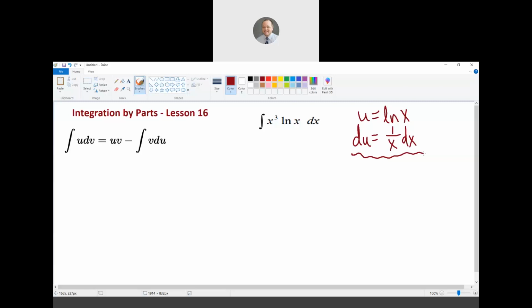Now we need to label dv. So we'll let dv equal x cubed dx. Now to find v, you just integrate x cubed. So when we integrate x cubed, we get x to the fourth power all over 4.